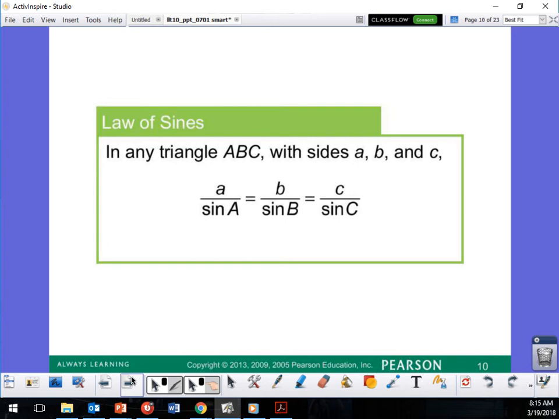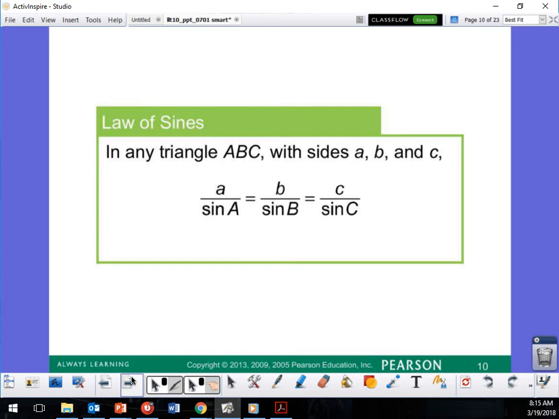Let's go through. All of these are set up as ratios, where the little letters are the sides and the capital letters are the angles.